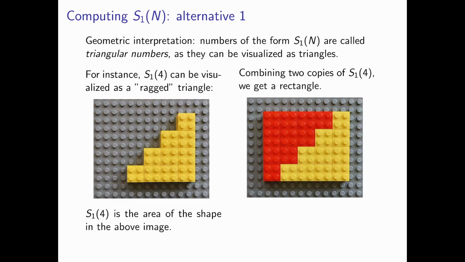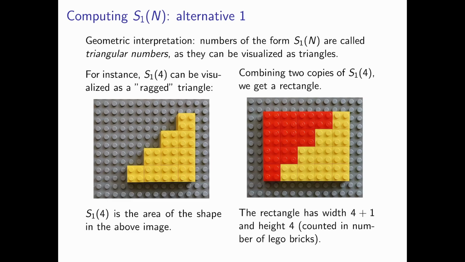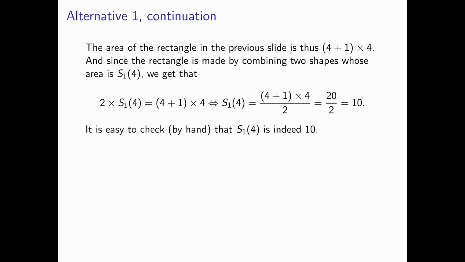So first, here in the yellow, we have the original sum s sub 1 of 4, and then we add another copy of this number and turn it upside down, so to speak. So we get this red triangle, which is just the yellow triangle, but upside down. And when we combine these two shapes, we get a rectangle, which has width 4 plus 1 and height equal to 4, if we count the number of Lego bricks. Now, the area of the rectangle is really easy to compute.